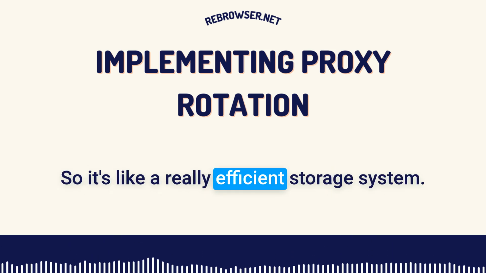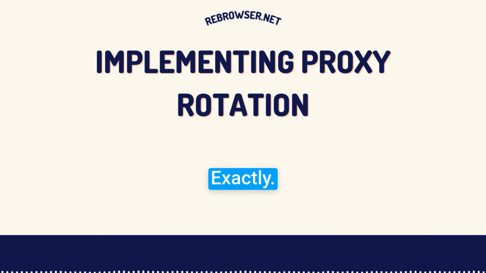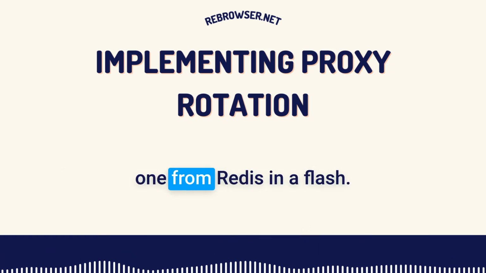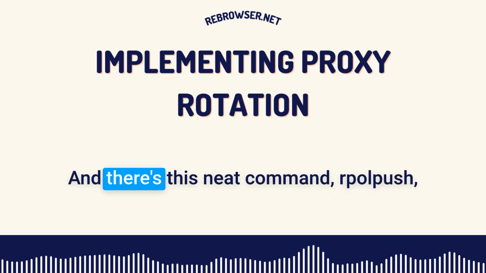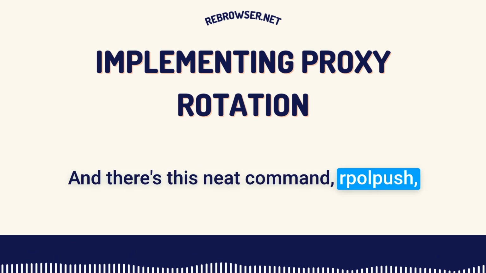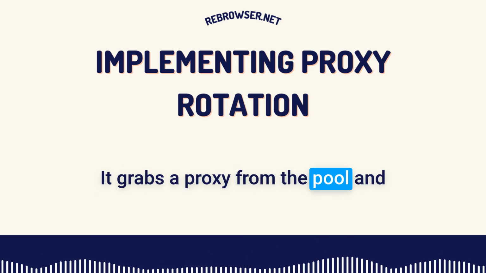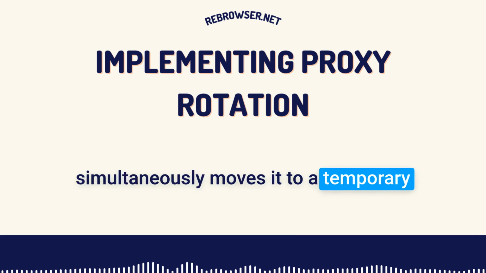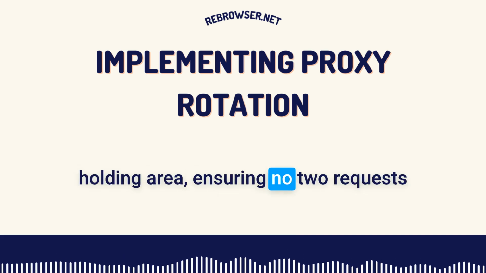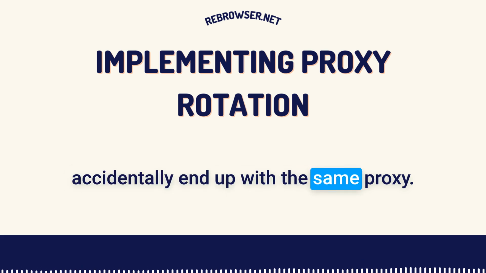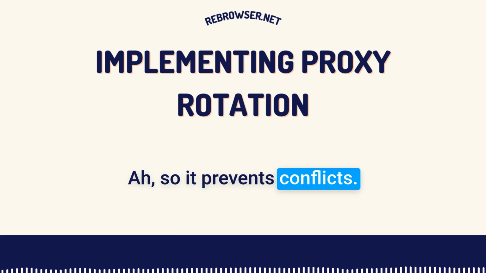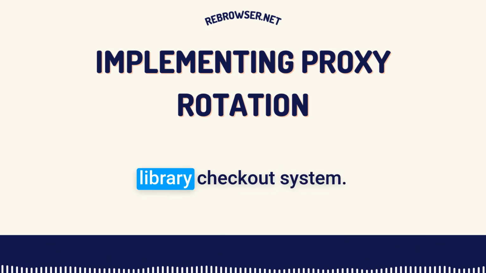So it's like a really efficient storage system. Exactly. When you need a proxy, it fetches one from Redis in a flash. And there's this neat command, RPOPLPUSH, that's used in the getProxy method. It grabs a proxy from the pool and simultaneously moves it to a temporary holding area, ensuring no two requests accidentally end up with the same proxy. So it prevents conflicts. Exactly, like a well-managed library checkout system.